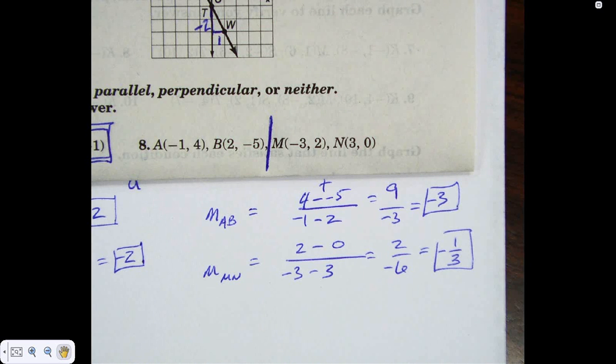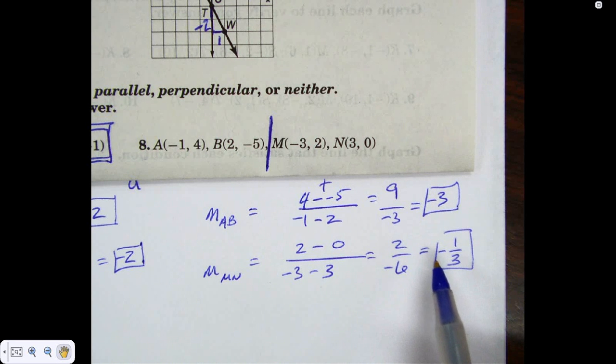What about this one? Oh, they're reciprocals. Are they negative? Nope. It's neither. Why is it neither? They're both negative, aren't they? Negative reciprocal means opposite sign, flip the fraction, change the sign. So what would this have had to be for them to be perpendicular?